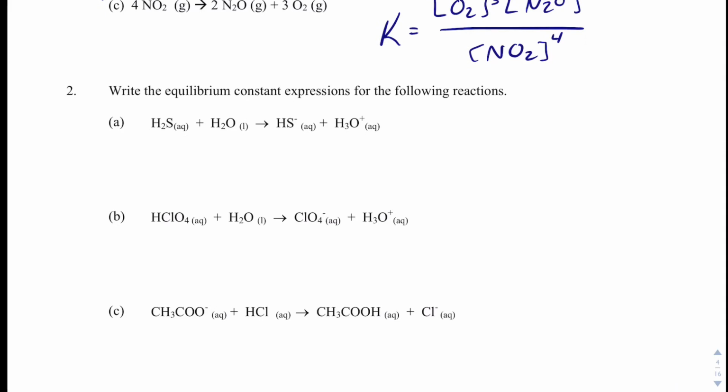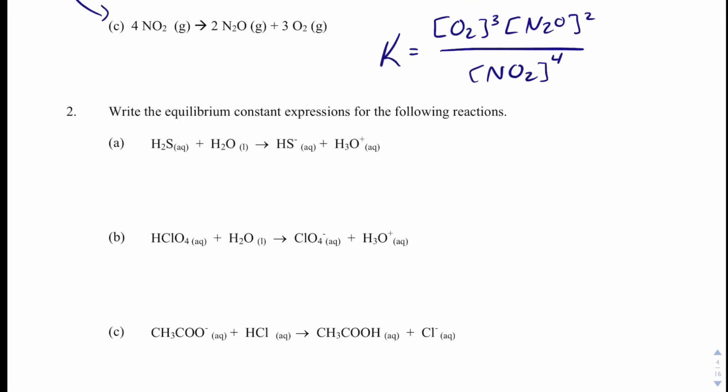Here, though, we have acid-base reactions, and so I'll show you some things. We have H3O plus. So when H3O plus is produced, we are going to treat that like H plus.